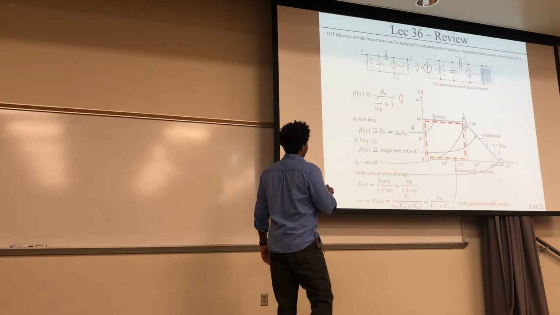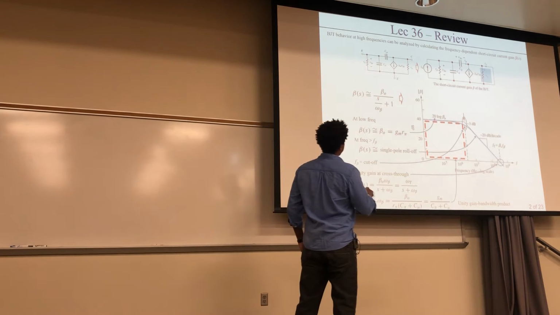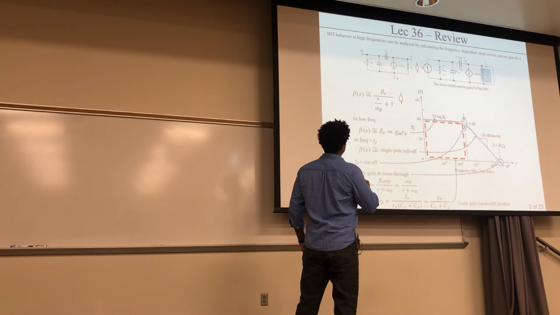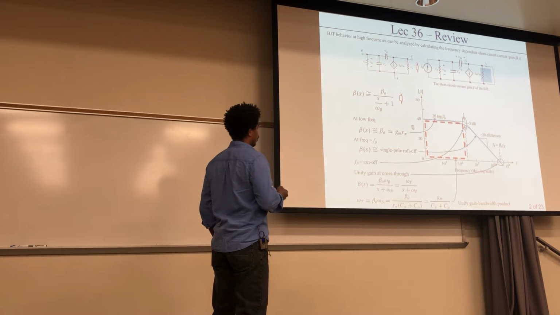As S, which is equal to j omega in this case, goes to DC, this asymptotes to just beta 0, which on the log plot is 20 log beta 0. At this low frequency, beta 0 is the transconductance times the input resistance R pi.